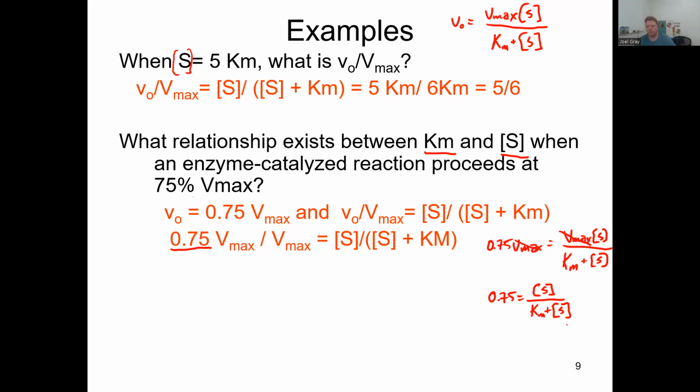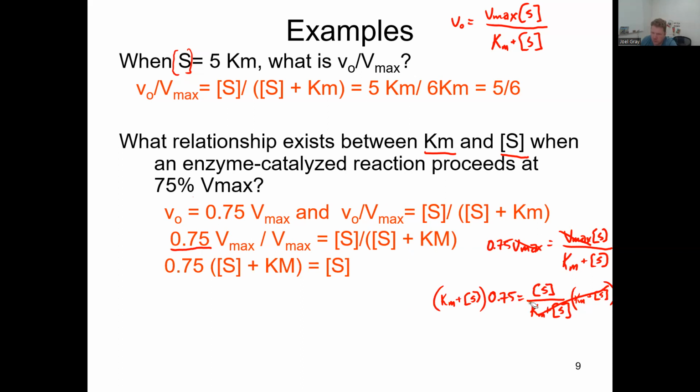Now, what you can do is multiply each side by what's in the denominator, Km plus substrate concentration. On this side, boom, that's gone. And then over here, Km plus substrate concentration. That's where we get this.